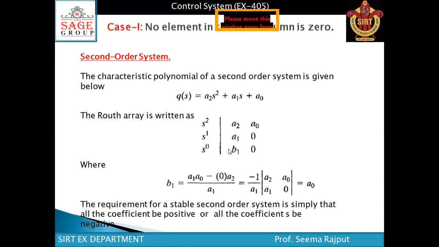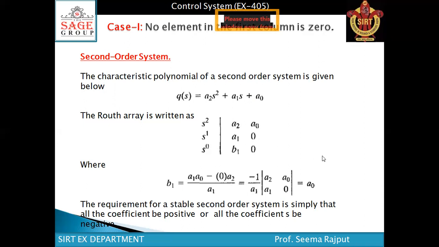And the s0 row is calculated. How is it calculated? It is calculated by b1 equal to a1 into a0 minus a2 into 0 upon a1, which is minus 1 by a1 times the determinant of a2, a0, a1, 0.